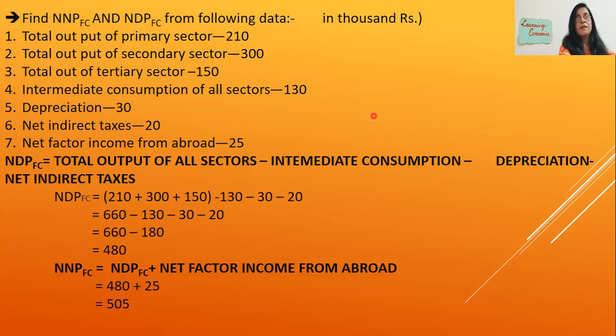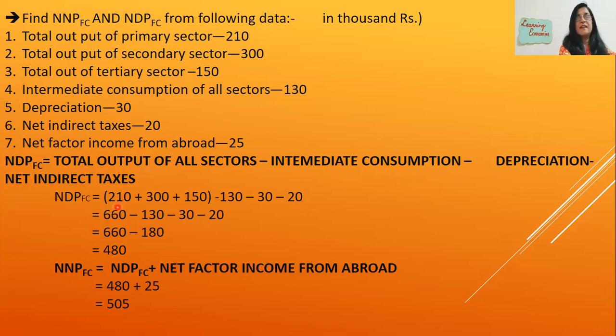Now see, what formula do we have to use? We have to use the formula of NDPFC only. NDPFC is equal to total output of all sectors minus intermediate consumption, minus depreciation, minus net indirect taxes. So if you have learned it properly, you will be able to calculate NNPFC without any problem.